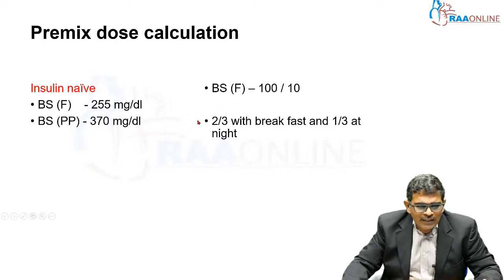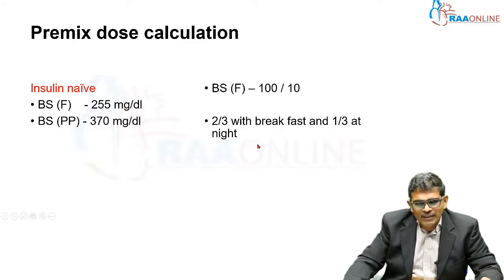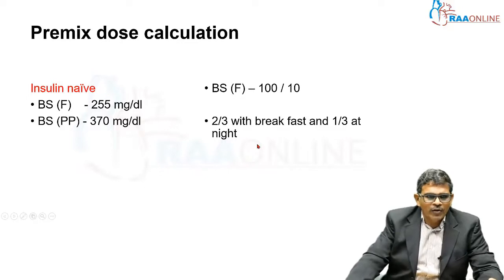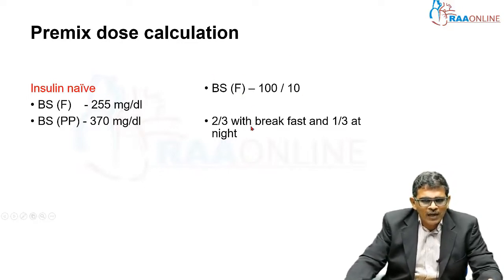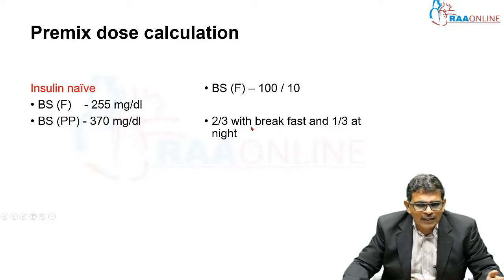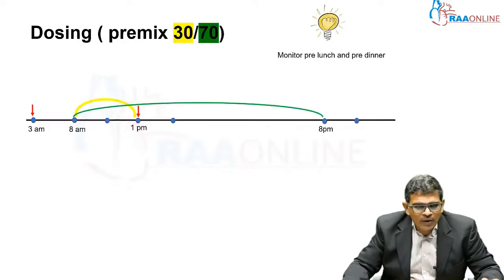So very simple: 255 minus 100 by 10 is 15, 10 with breakfast and 5 at night. That is what the patient needs. It is easy to calculate and easy to work with. Switching from glargine to premix insulin is so much easier if you use this formula and split between breakfast and dinner.